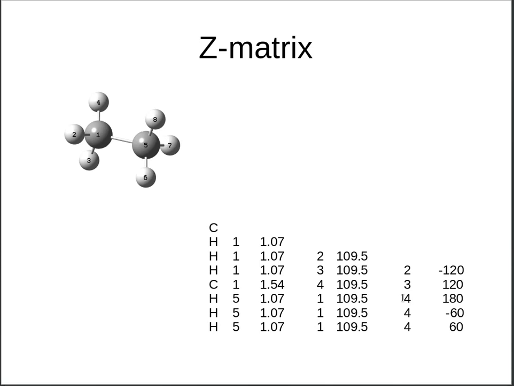Interesting. So you see this row here is 1, 2, 3, 4, 5, 6. We're in row 6 here. So it's interesting to know that the 6, 5, 1, 4 dihedral is 180 degrees. Can we check that? 6, 5, 1, 4. And can you see the arrangement is 180 degrees for that?